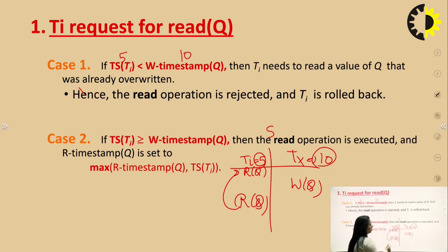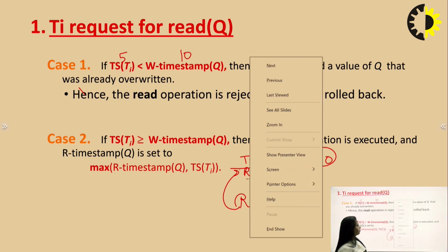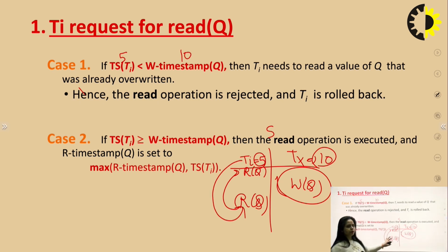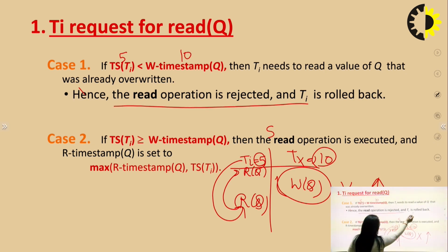But in the meanwhile, TX came into the system and performed a write Q operation, and now TI wants to read the data item. This violates the timestamp conflict serializability rules completely. So this read operation cannot be performed, because TI has a timestamp lesser than the timestamp of TX. Hence the read operation is rejected and TI is rolled back.